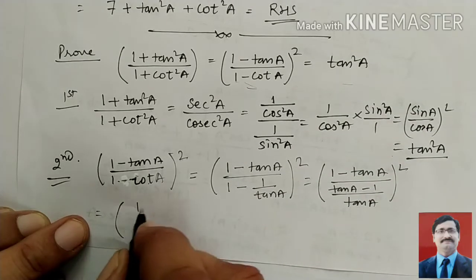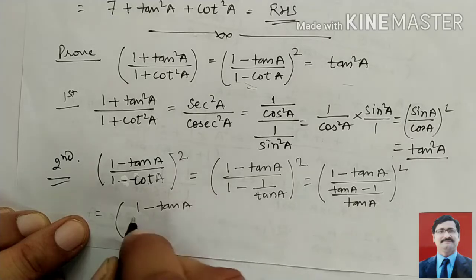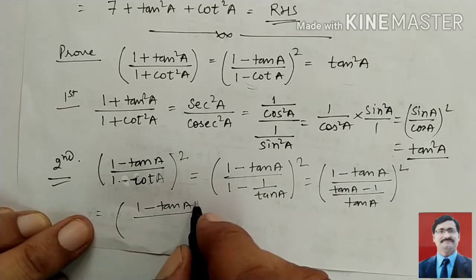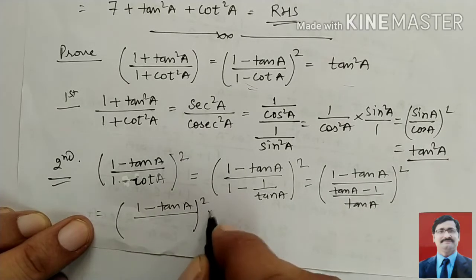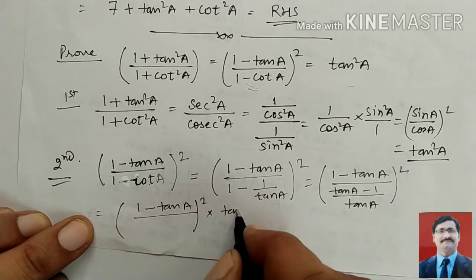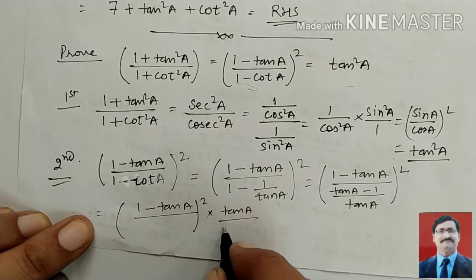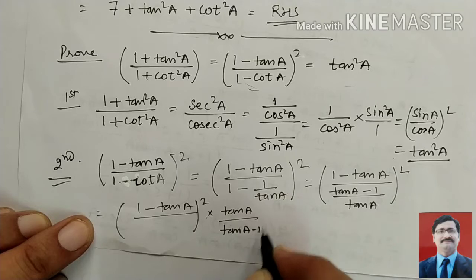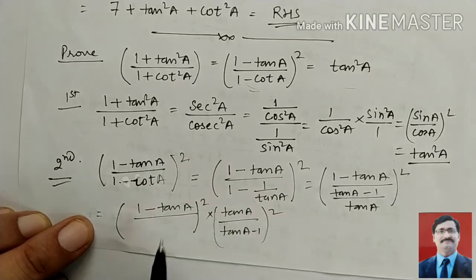Now 1 minus tan A upon this, if you do the reciprocal of the denominator, it means tan A upon (tan A minus 1) and whole square. Look here, all of you can see 1 minus tan A and tan A minus 1 are both the same, up to sign.